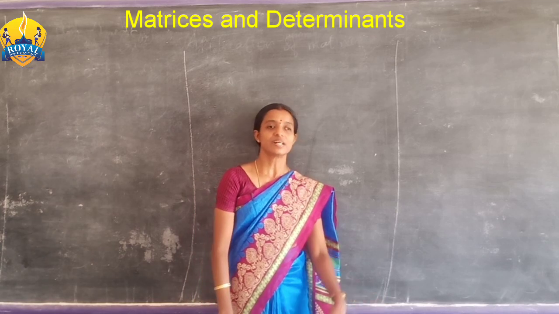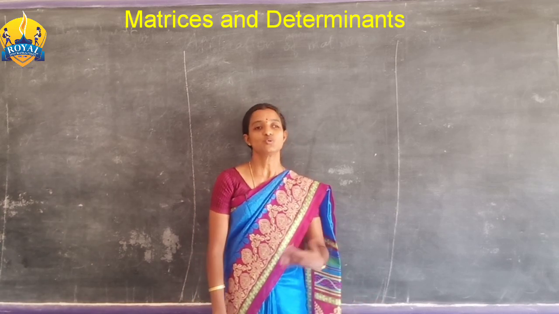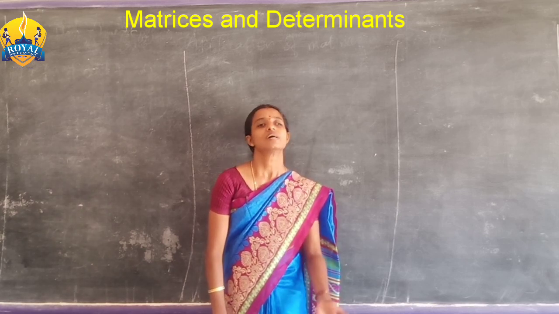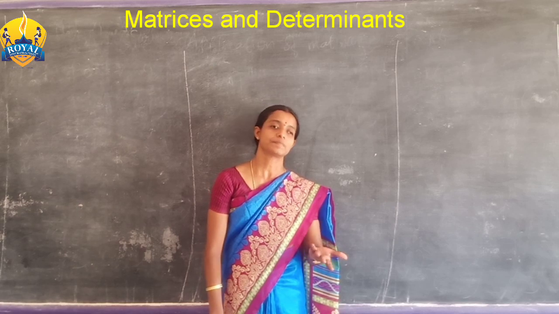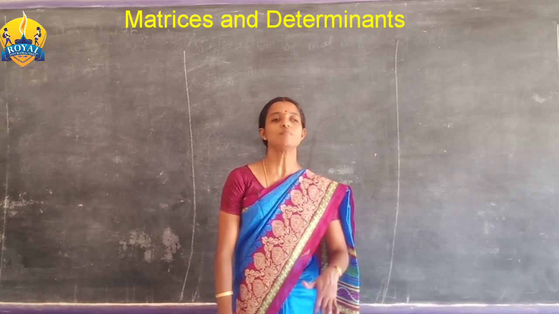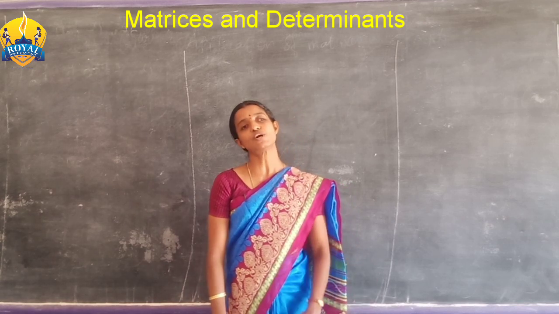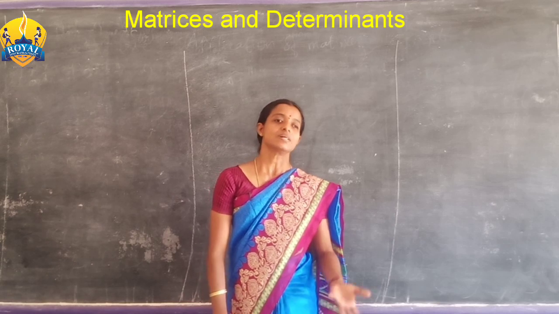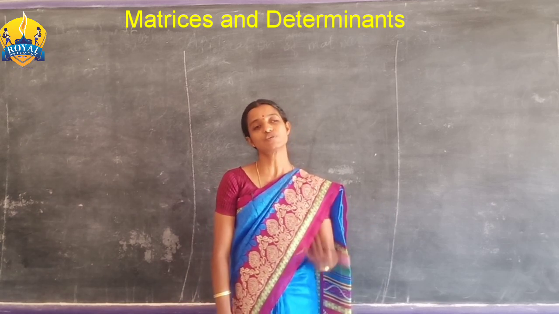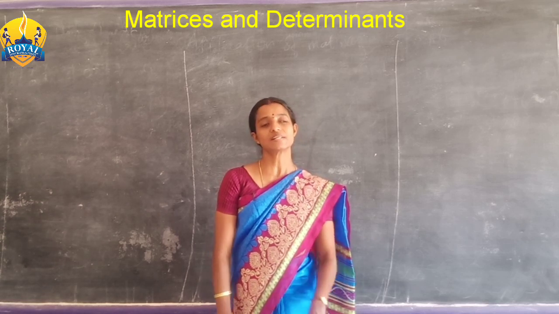In 10th standard itself you would have learned what is a matrix, what are all the different kinds of matrices, how to write a matrix, and how to perform arithmetic operations in matrices: addition of a matrix, subtraction of a matrix, then product of a matrix.